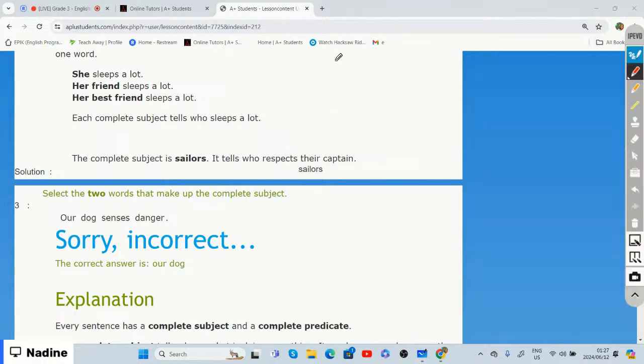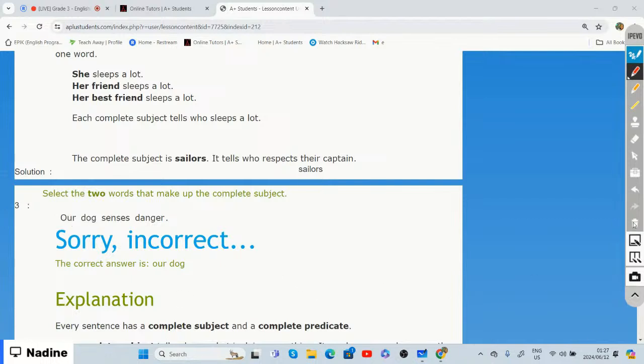And then we can say our dog, which means, since they said we need to select two words, it's our dog that senses danger. And that is basically the subjects that we have identified within our sentences.